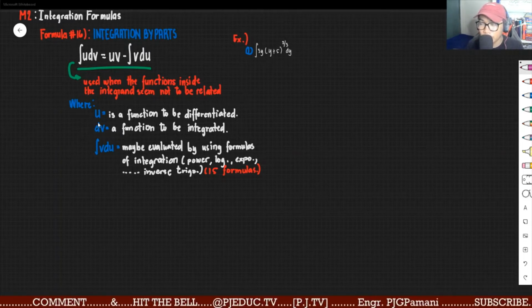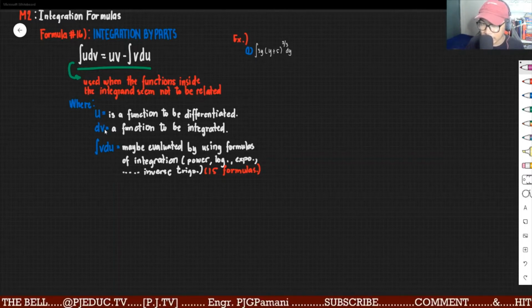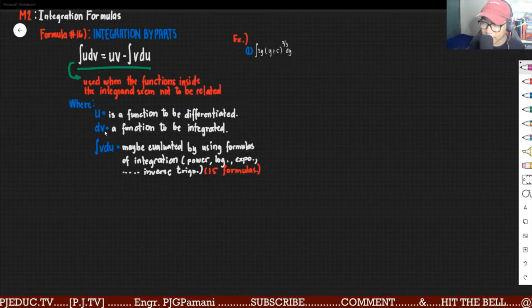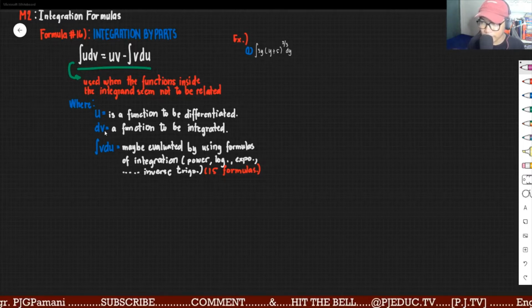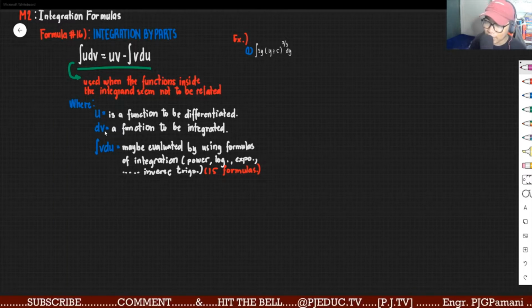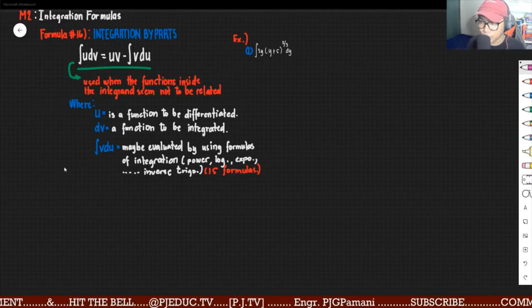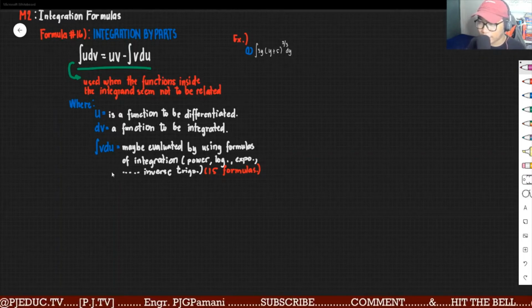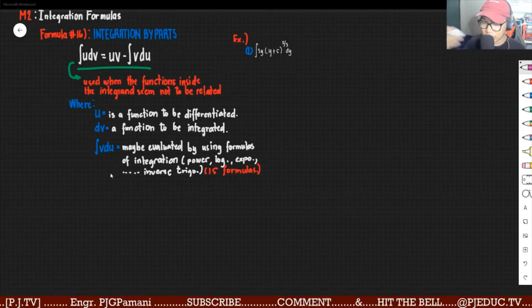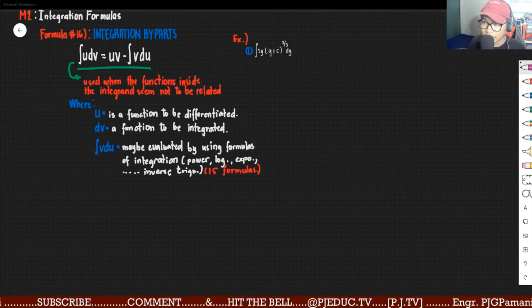So where u again is our function to be differentiated, and dv is the unrelated term or function, or simply the function that should be integrated. And the integral of v du may be evaluated by using formulas of integration, such as what we have learned from last meetings.